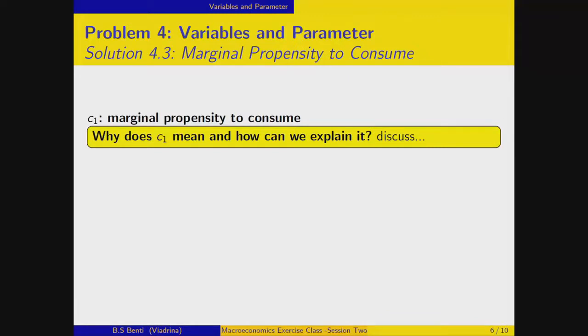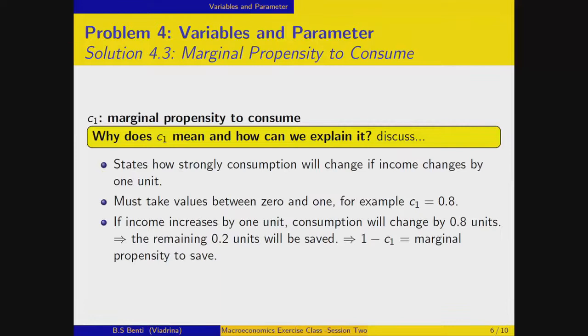The second item on the right-hand side of the equation given earlier is the marginal propensity to consume. What does C1, or the marginal propensity to consume, mean, and how can we explain it? The marginal propensity to consume states how strongly consumption will change if income changes by 1 unit. This value of C1 usually takes a value between 0 and 1.